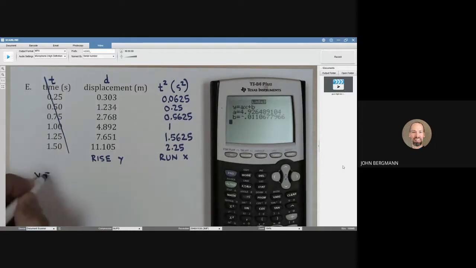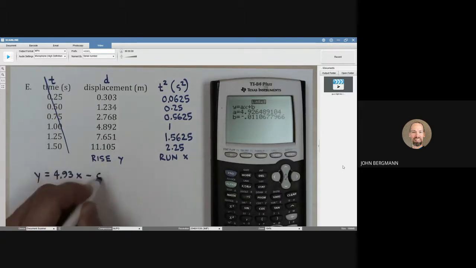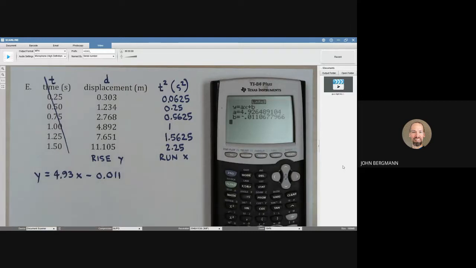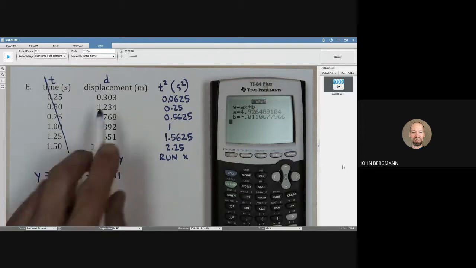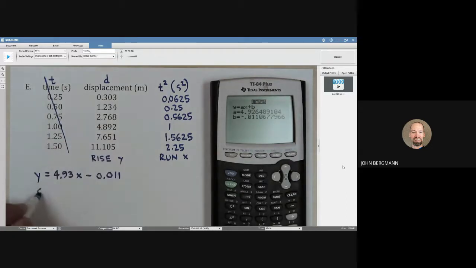Y is equal to 4.93x minus 0.011. But we don't want to leave our variables as generic x and y. We want to use the variables that we have in our problem. And our y values have the variable d. And our x values have the variable t squared.